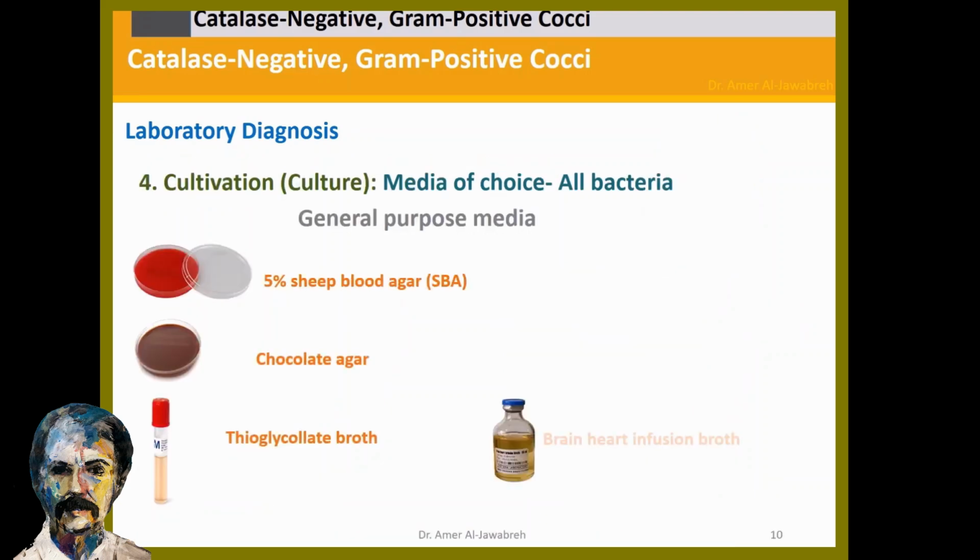Culture. Which media do we use for culture of Streptococci? Well, we use something a little bit similar to the staph. We use sheep blood agar, 5%, chocolate, and then any broth: thioglycolate, brain heart infusion, or even trypticase soy broth, TSB.